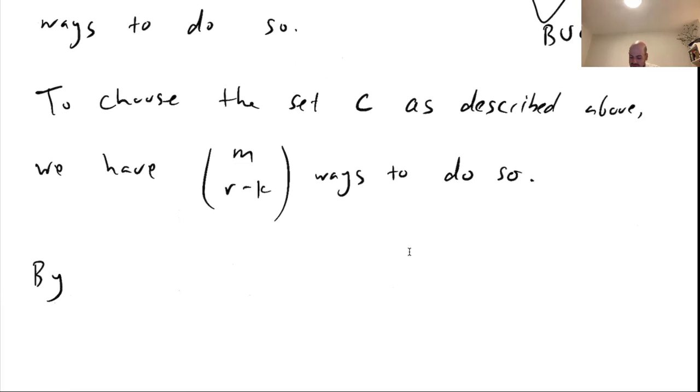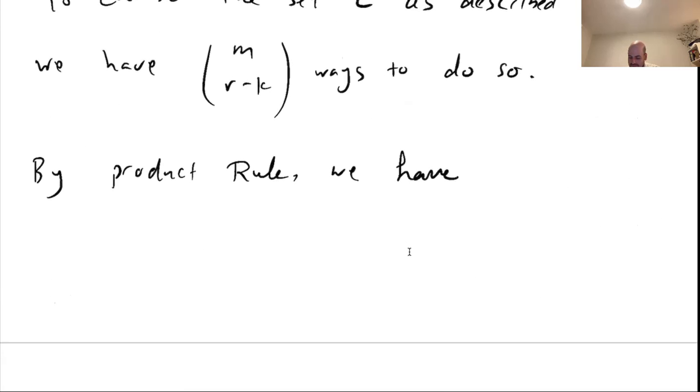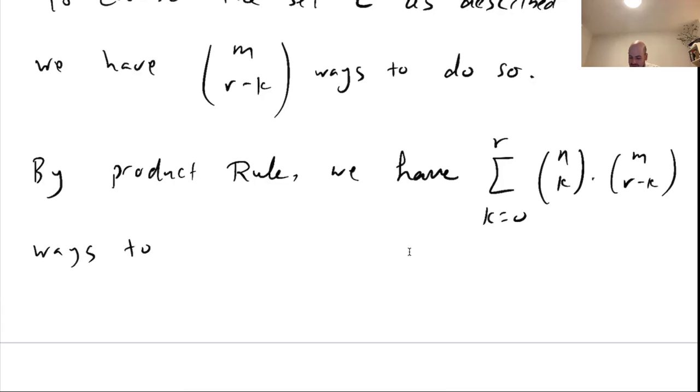So by product rule, we have sigma n choose k times m choose r minus k, k from 0 to r, ways to choose the set A, which is B union C.